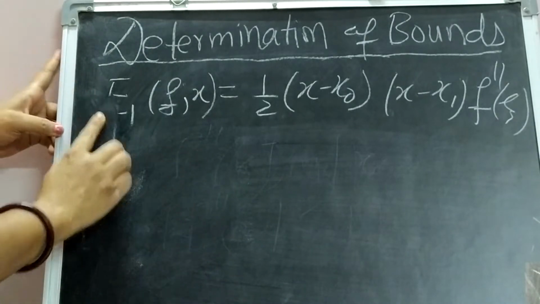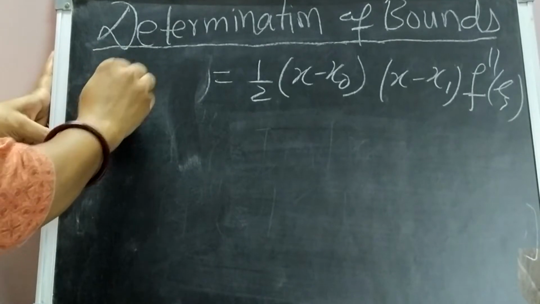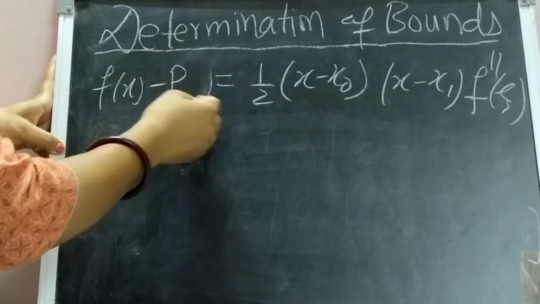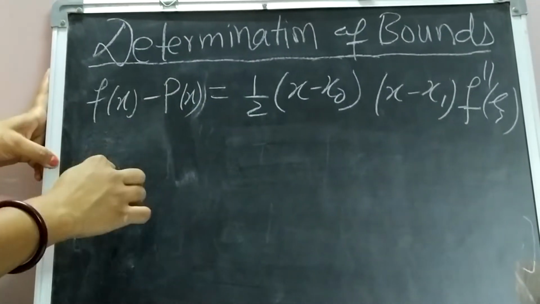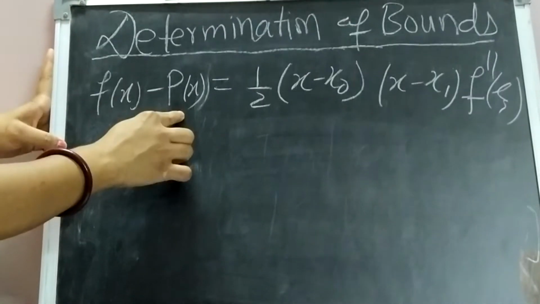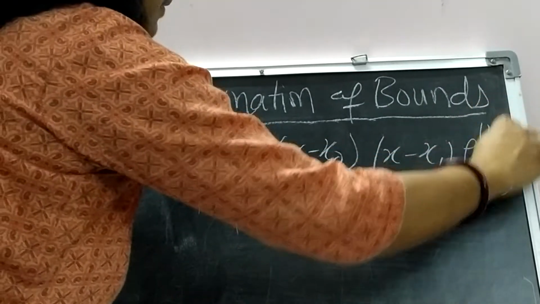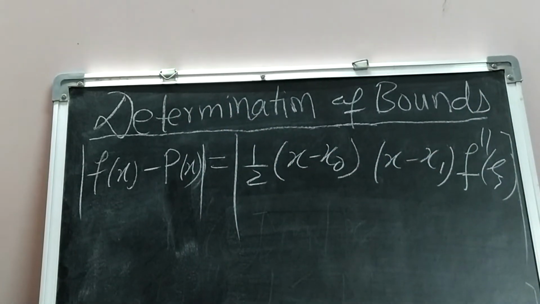We know that fx can be written as fx minus p1x, or simply px we write. If nothing is written, it is assumed as 1. So fx minus px. Now taking magnitude on both sides, we can have this kind of expression.